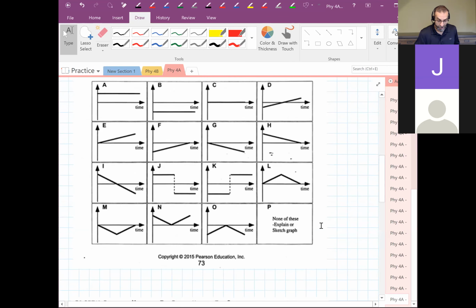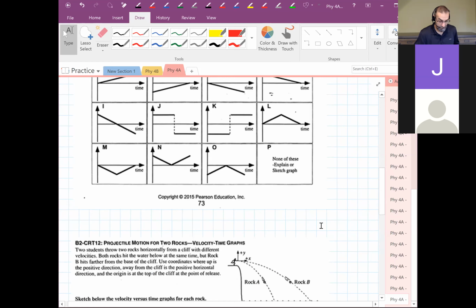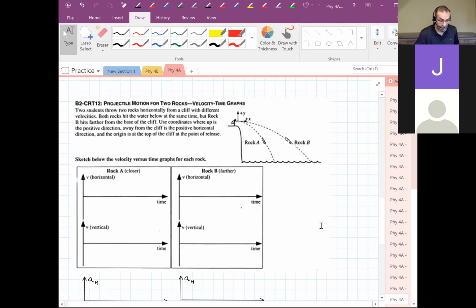All right, let's take a look at this one. It says 2 students throw 2 rocks horizontally from a cliff with different velocities, A and B. Both rocks hit the water below at the same time, but rock B hits farther away from the base of the cliff.